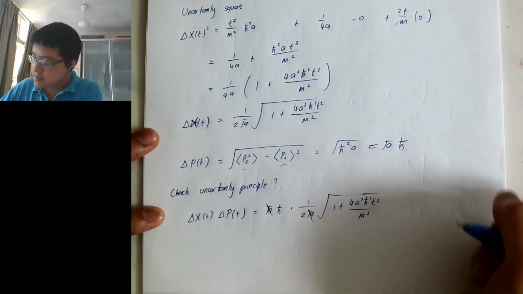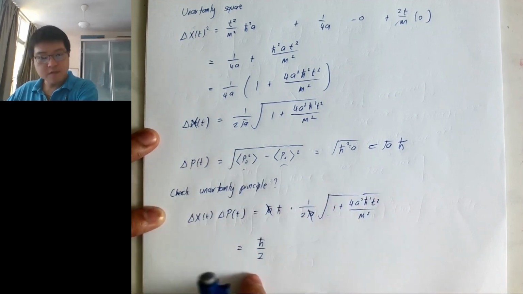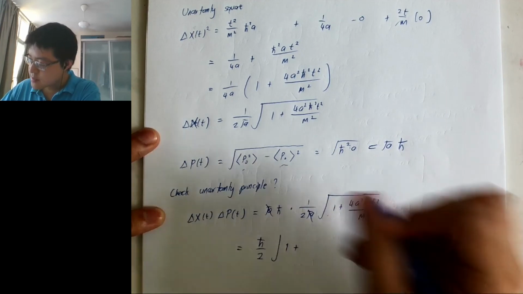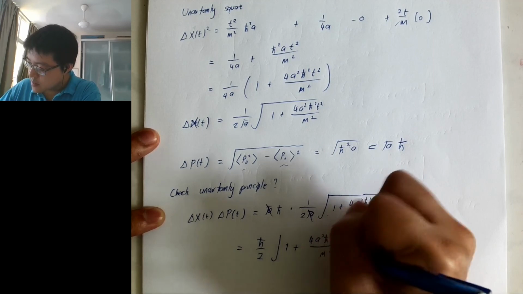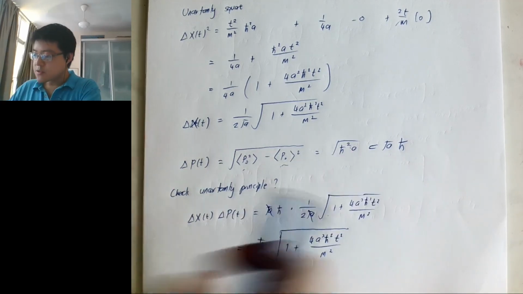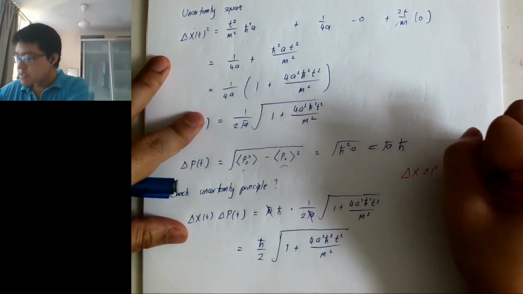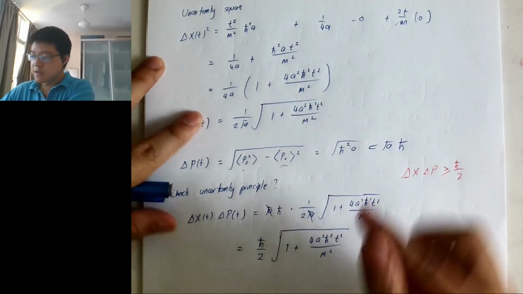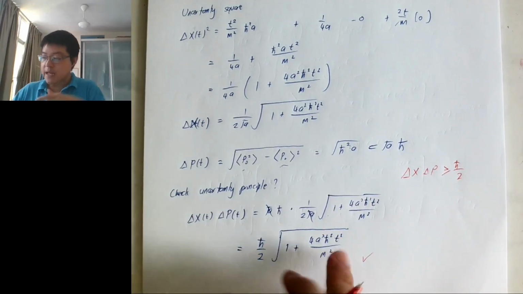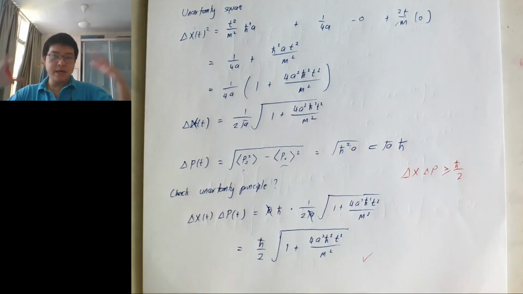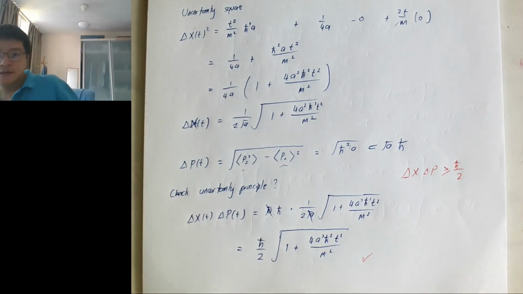So the root a cancels here, and we find that this is h bar over 2, times the square root of 1 plus 4a squared h bar squared t squared over m squared. Remember what our uncertainty principle was? Delta x delta p must be greater than or equal to h bar over 2. So it is satisfied. At time 0, it is the minimum uncertainty, but as time goes on, the uncertainty becomes more and more. So that was our result.